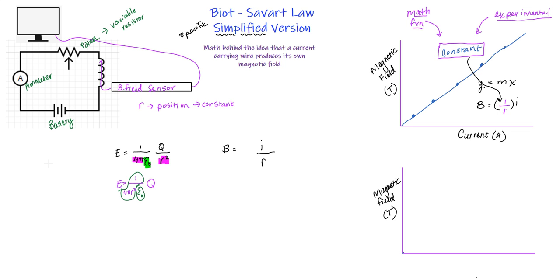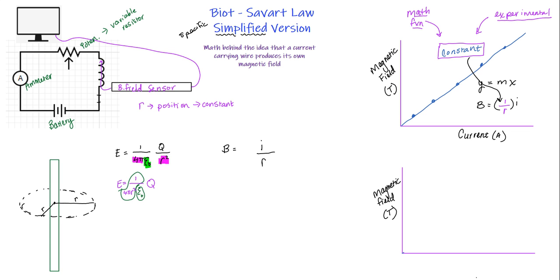If I cut out a segment of wire here, there's current running through it, and I measure the magnetic field. We know from the last video that the magnetic field shows up at the same magnitude at any point along this path. So at the same R value away, we get the same magnetic field strength.